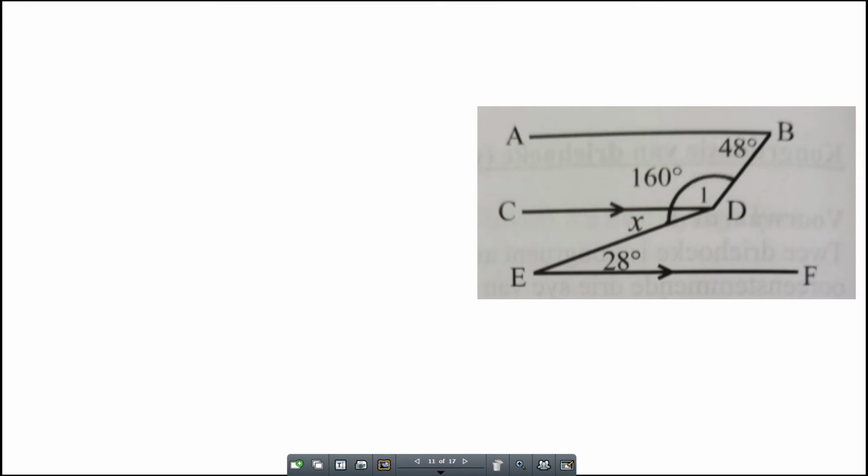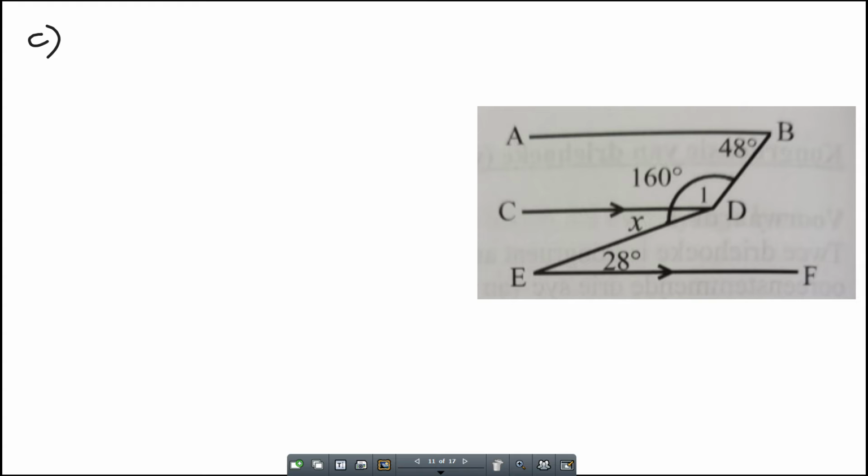Okay, by C sê hulle vir my, in die diagram is CD parallel aan EF, DE is 28, ABD is 48, and BDE is 160. So that's the whole one. Prove that AB is parallel to CD. Okay, so they obviously give me X to work out.